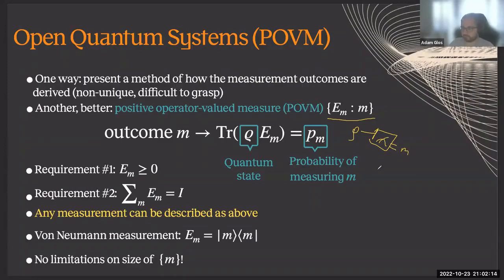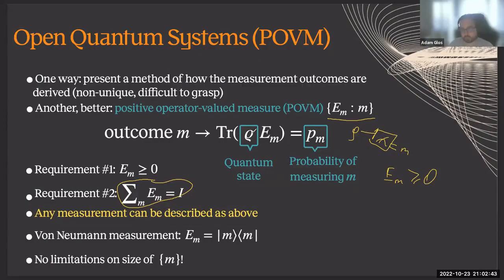POVM is a set, maybe more familiar would be a function, which consists of matrices such that they are non-negative, meaning that all of the eigenvalues are non-negative, and furthermore, that they sum up to the identity matrix. Why this is important, I will tell you in a minute.